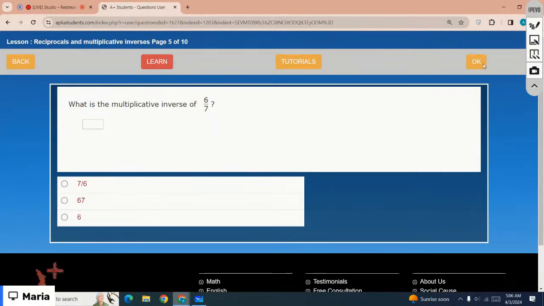What is the multiplicative inverse of 6 over 7? So which is the correct option?